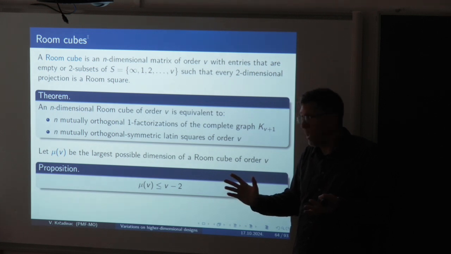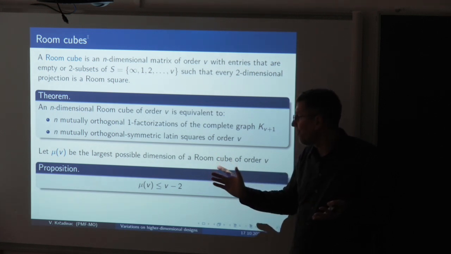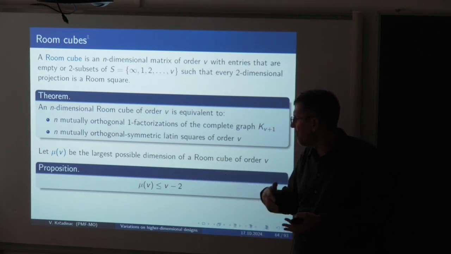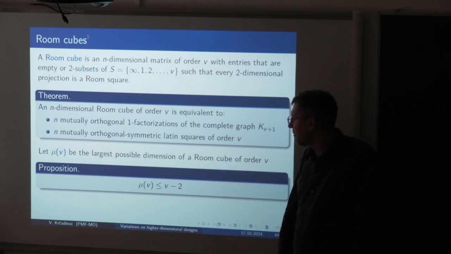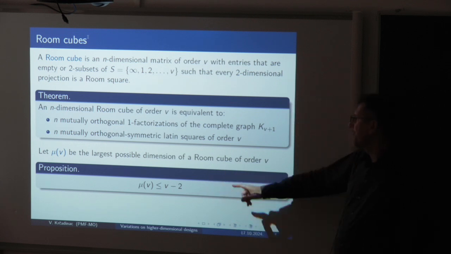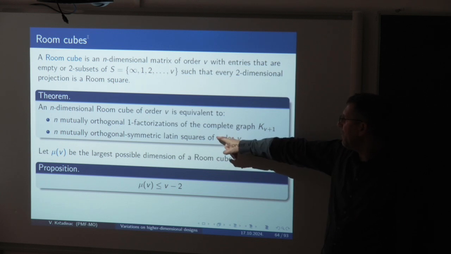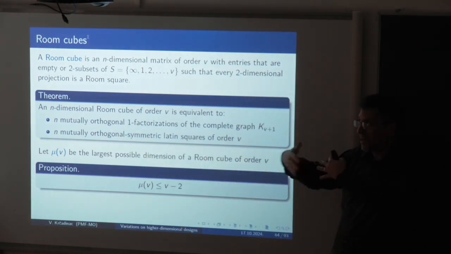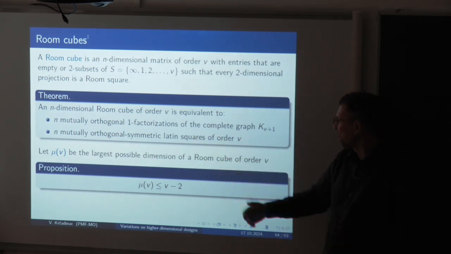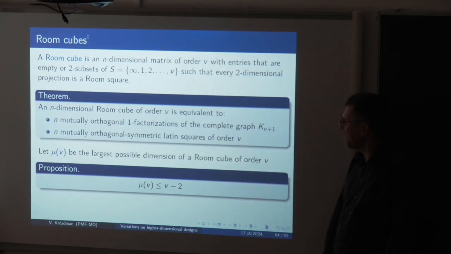We didn't have any such restrictions for either cubes of symmetric designs or Hadamard matrices. Well, it's not so weird, because there you have almost like orthogonal Latin squares, and you cannot have infinitely many orthogonal Latin squares. It's a well-known fact. So this is why the dimension is bounded by the order.